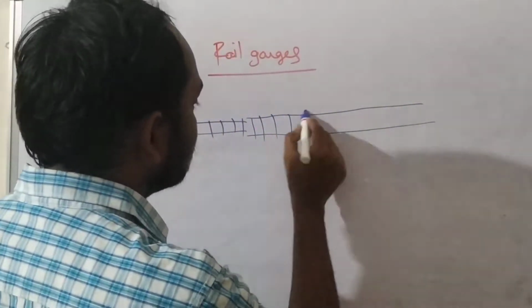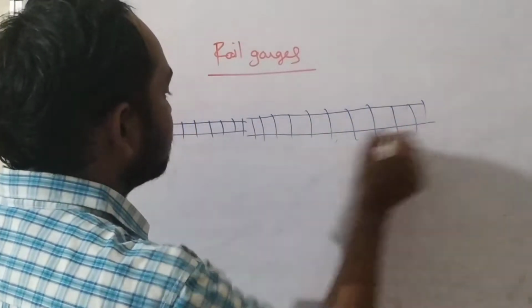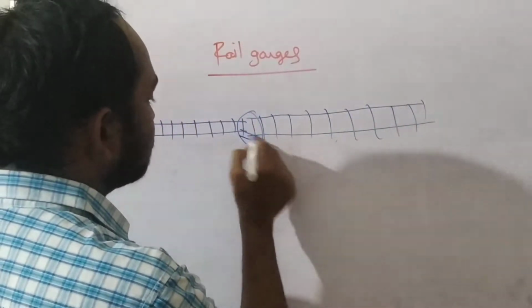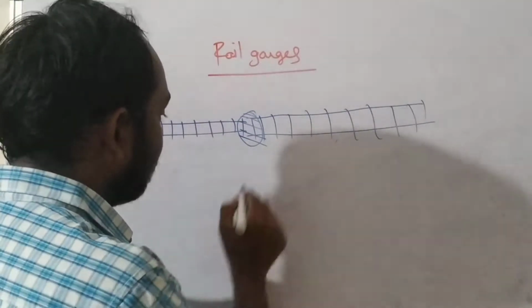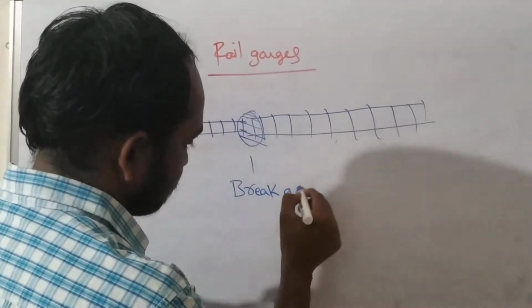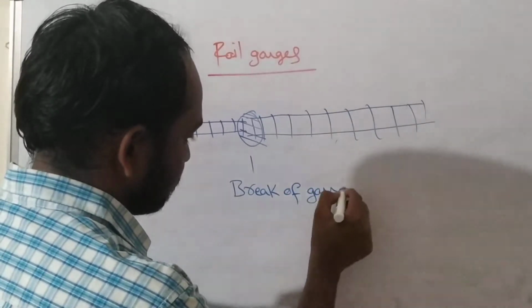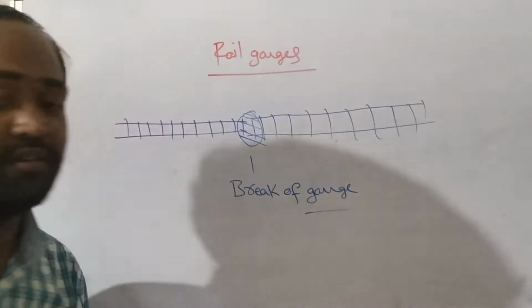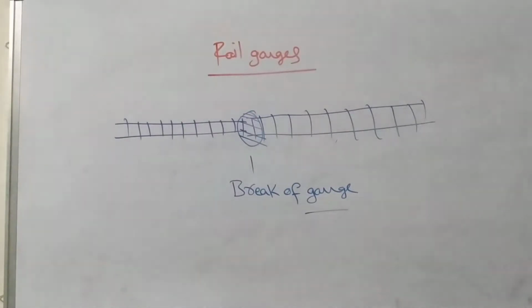This is the point where two gauges meet each other, and that point is called the break of gauge. This is the most important one. We should remember what gauge is and what break of gauge is.